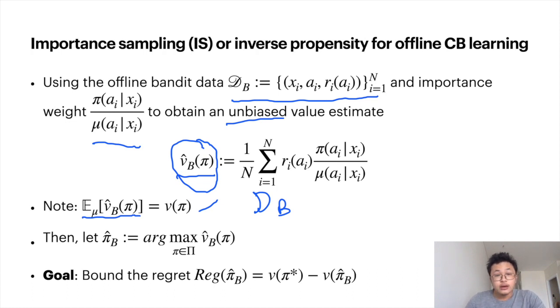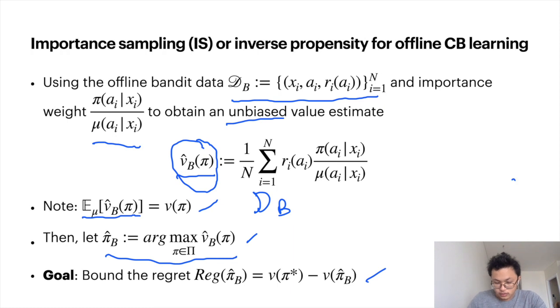And then this algorithm simply takes the greedy policy with respect to the importance sampling value estimate V hat B pi right here, and we record the regret of this.